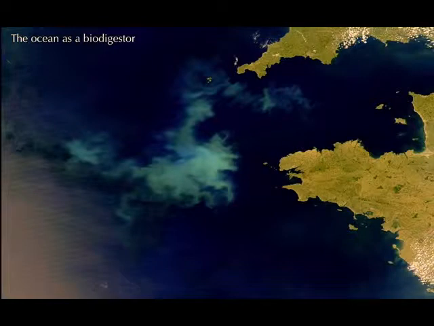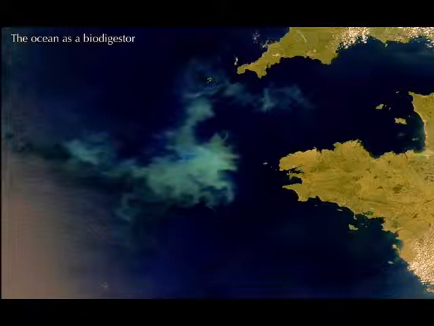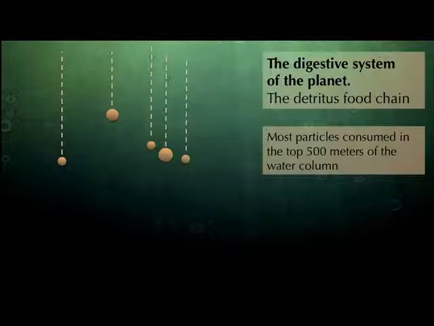Or polysaccharides tend to aggregate because they're sticky. And eventually, you get all these particles forming, right? Many of these particles tend to sink because they're heavy. But remarkably, most of them are eaten up in the top 500 meters of this digester.